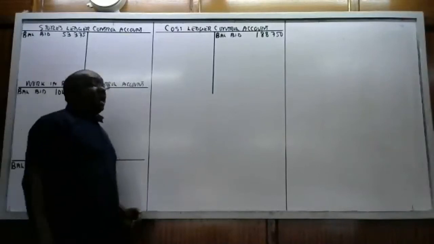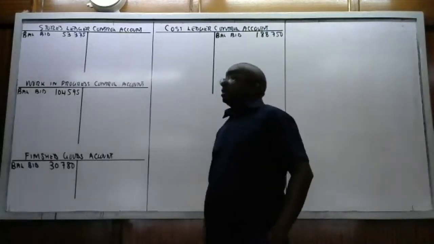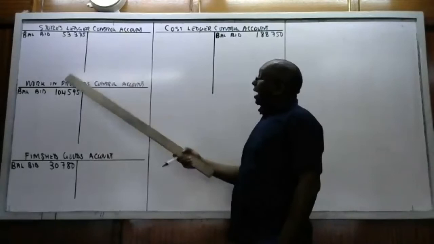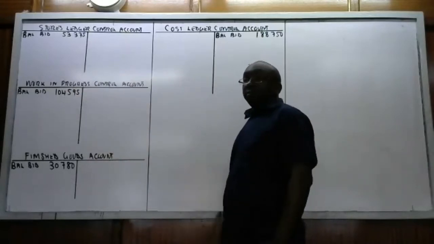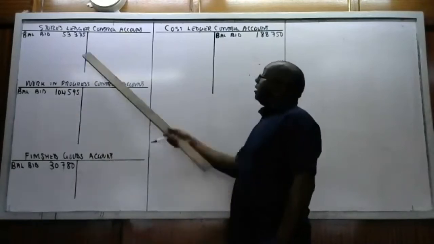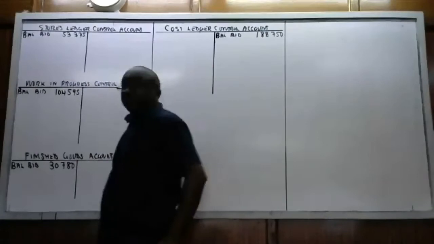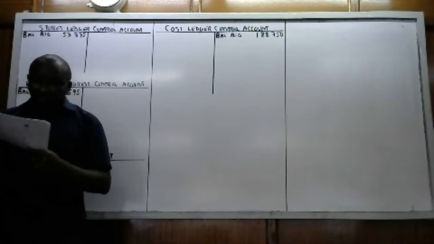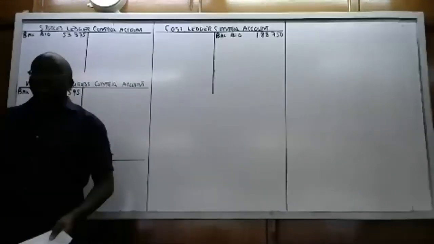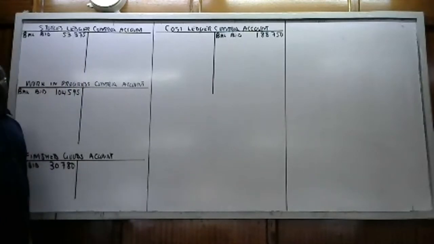So the first thing at that juncture is to check whether the trial balance is balanced. Add these debit balances, check whether they agree with this one. Are they equal? Okay, they are okay.